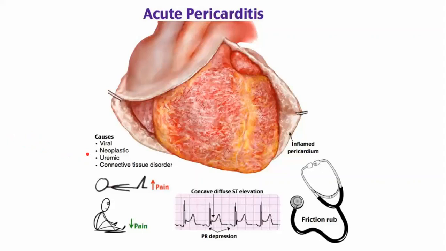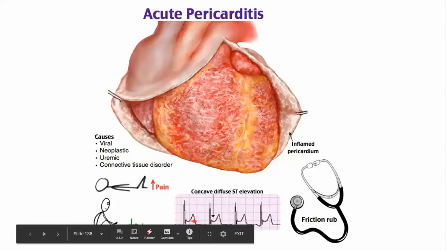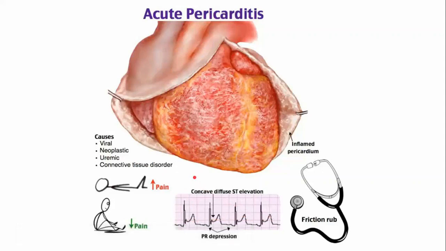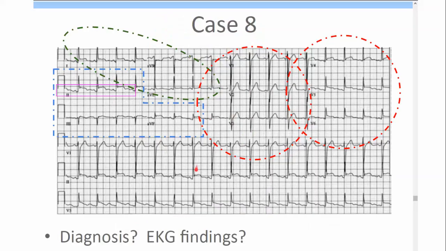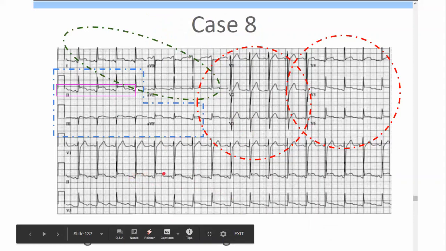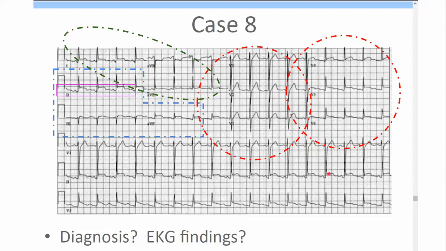The PR depression that we'll see, mainly you have to kind of draw a line here and connect the isoelectric lines and just have a feeling. Sometimes it's a visual impression when you look at the EKGs, but just sort of have a visual impression of where the isoelectric lines are. And if it's pretty reproducible all through here, then you kind of get maybe a visual impression that it's not so much that this is elevated too, but this segment is too low.